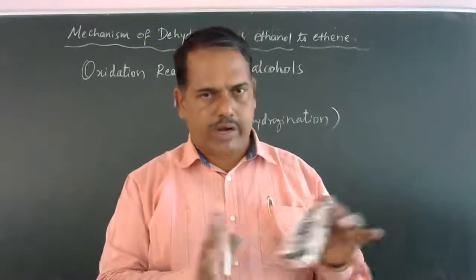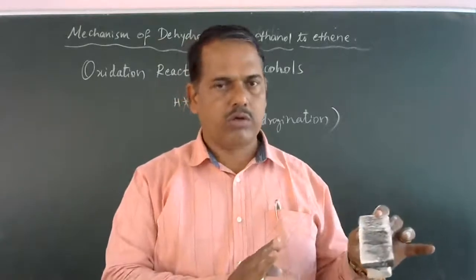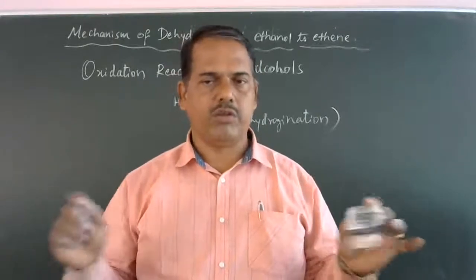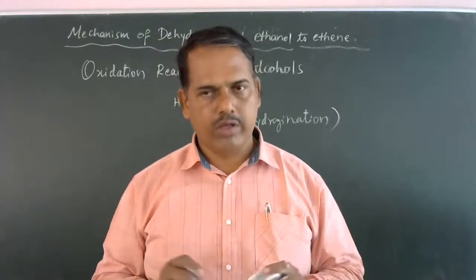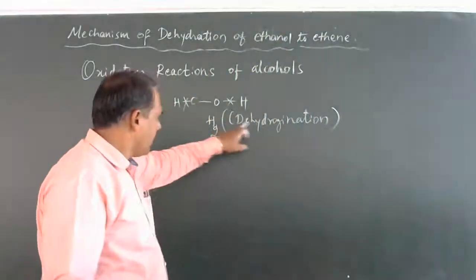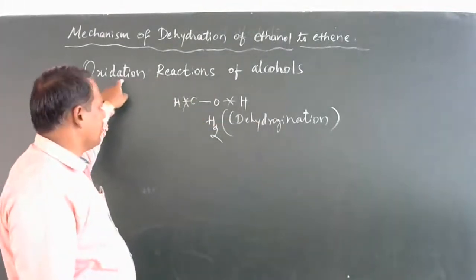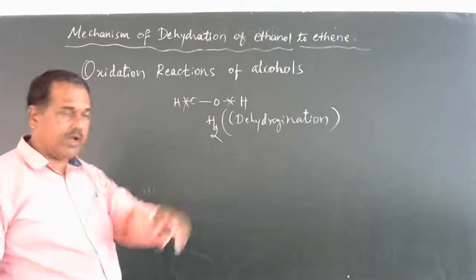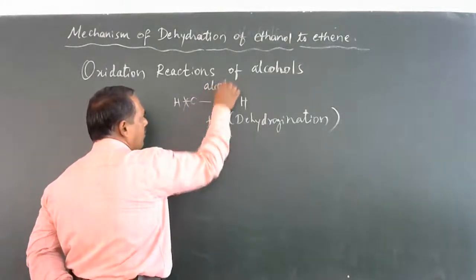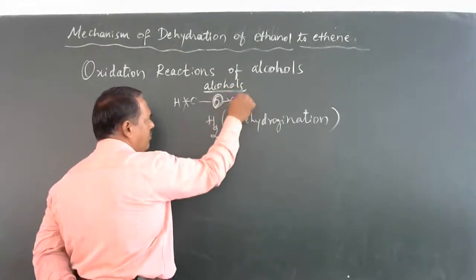Two hydrogen atoms separate, H2 is removed, and that particular reaction is dehydrogenation. Are you clear? It's called what? Dehydrogenation. In oxidation reaction, what is the theory behind this? See, this is nothing but an alcohol. In this alcohol, the oxygen to hydrogen bond breaks.